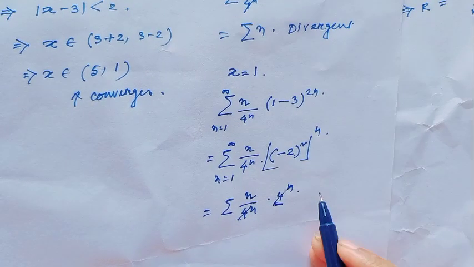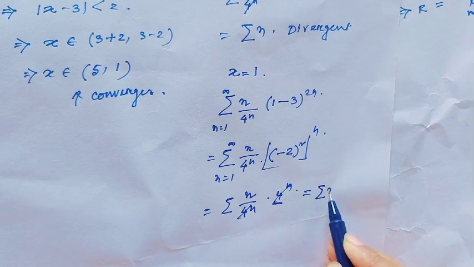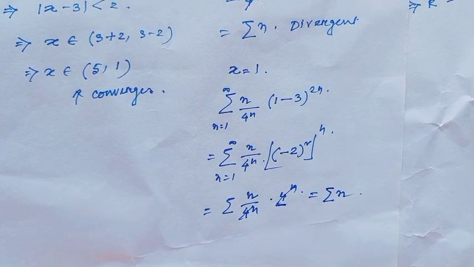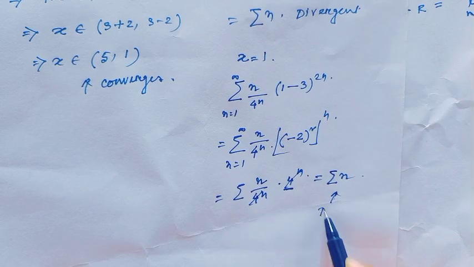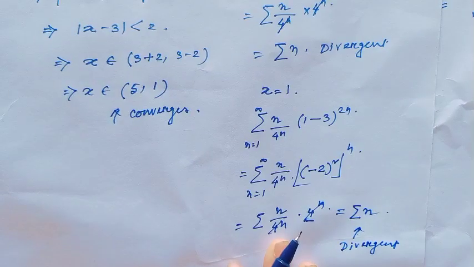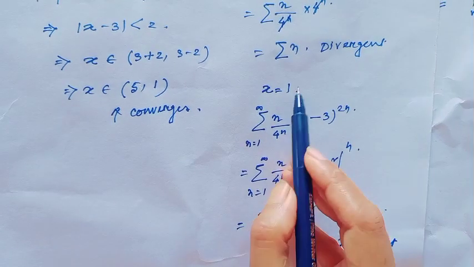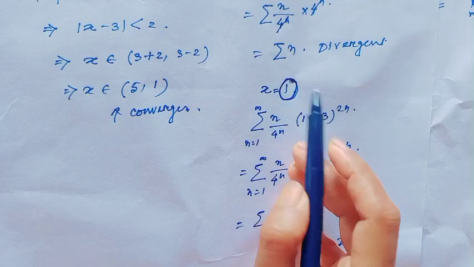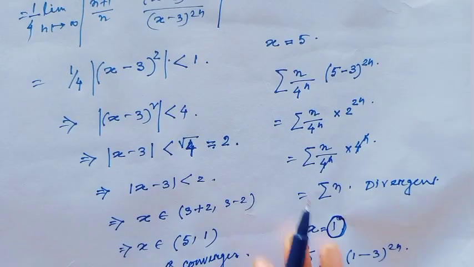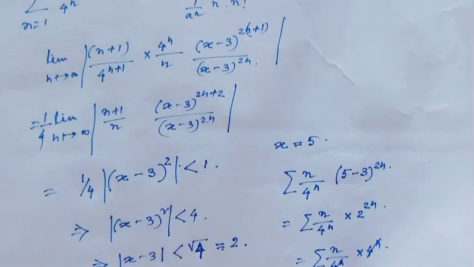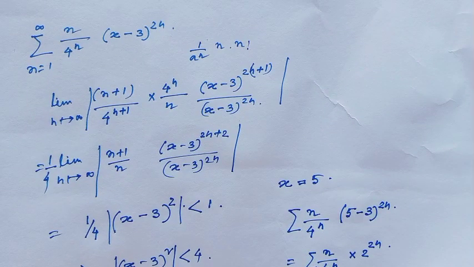Just cancel 4 to the power n, that means this is the series n. This series is always divergent. Therefore, similar to before, x equal to 1 is not applicable here. So, only for this interval is this power series convergent.